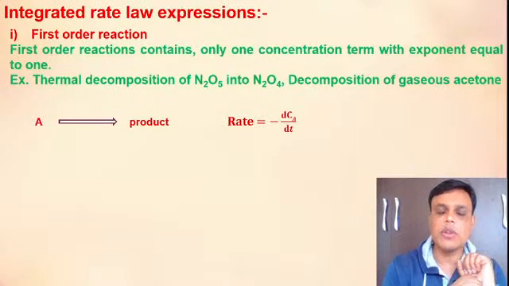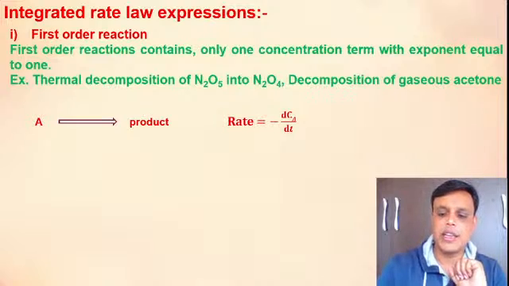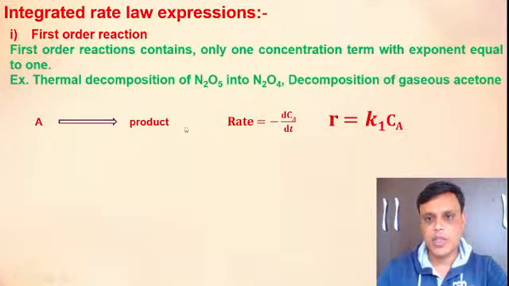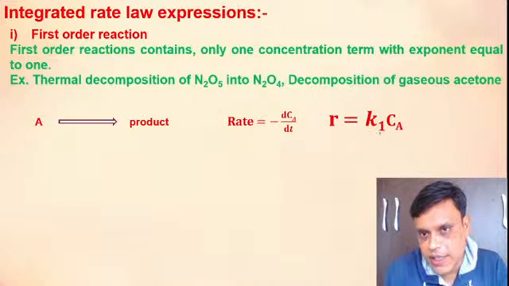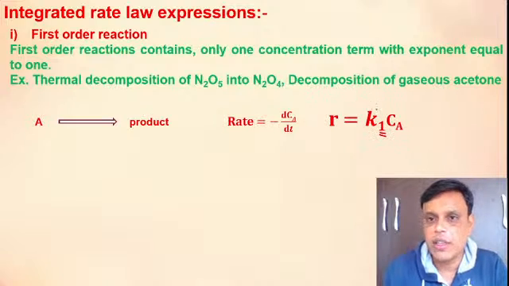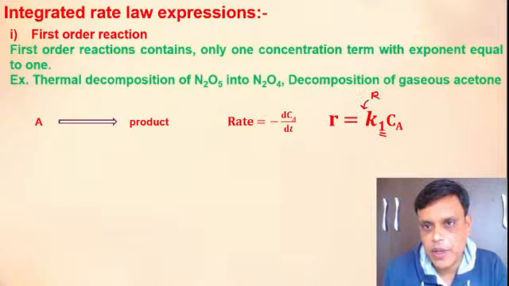Again, we will write it in terms of the rate constant. The rate, indicated by symbol small r, is equal to K1 into concentration of A, that is the reactant, and here K1 is the rate constant for the first order reaction. Why is 1 there? Because it is the rate constant for the first order reaction.